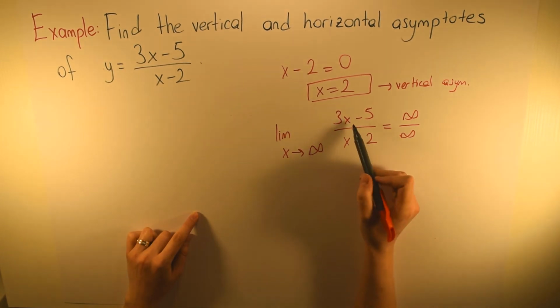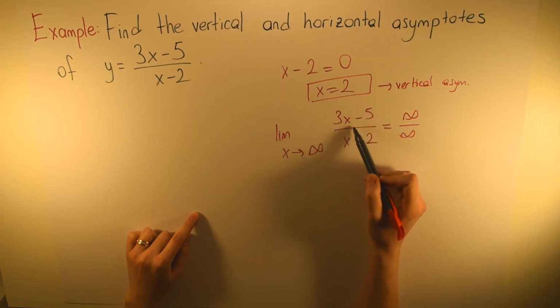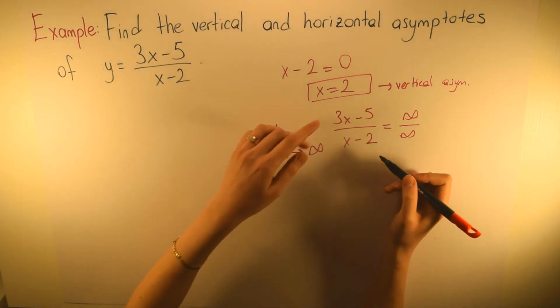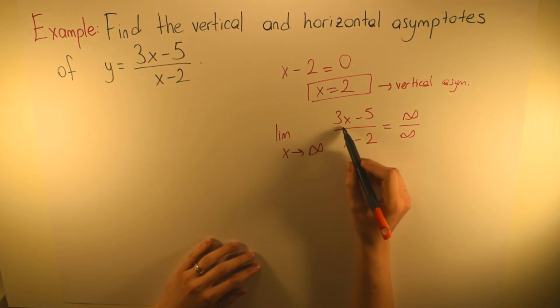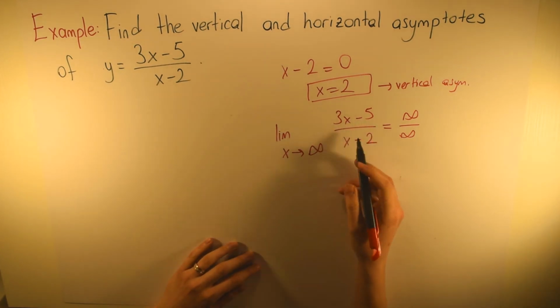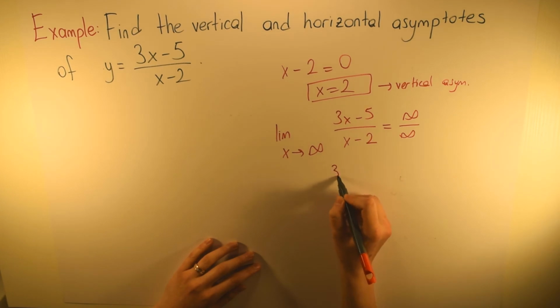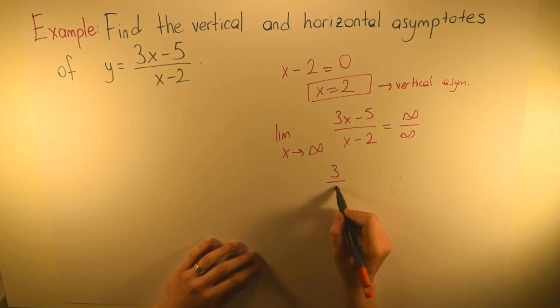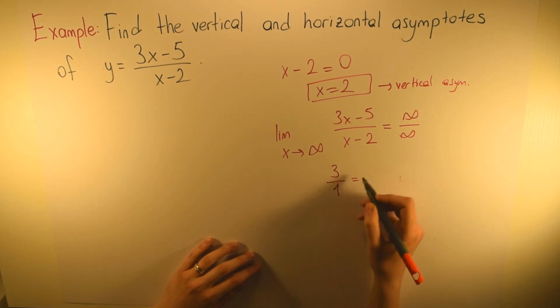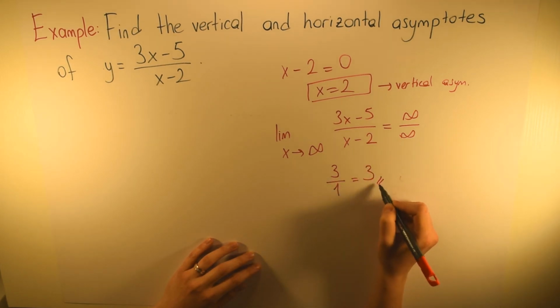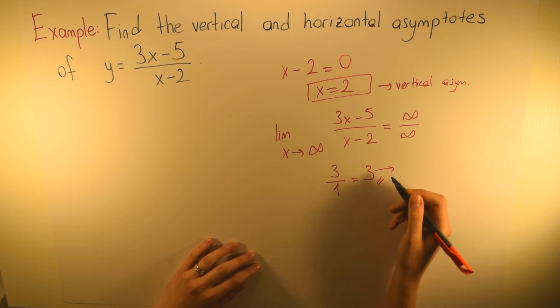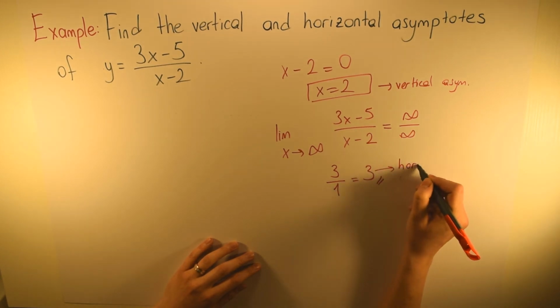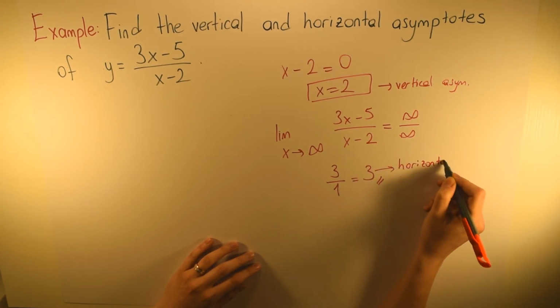We should take the derivative of the numerator and the denominator separately. So 3x minus 5 has derivative equal to 3, and x minus 2 has derivative equal to 1, so it's 3 over 1, which is equal to 3. So this 3 is our horizontal asymptote.